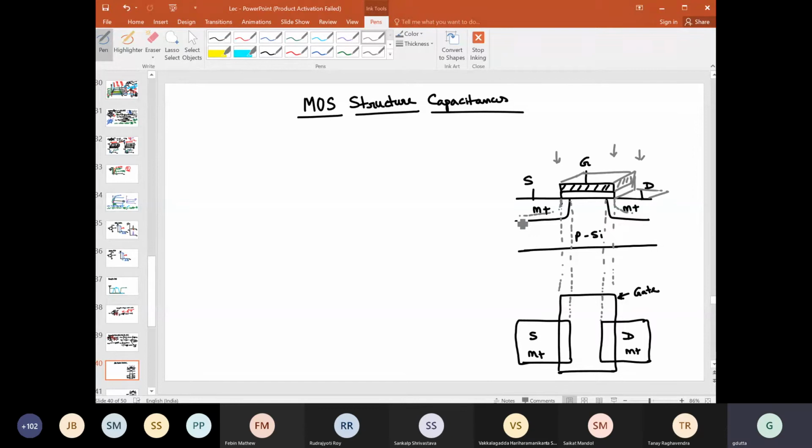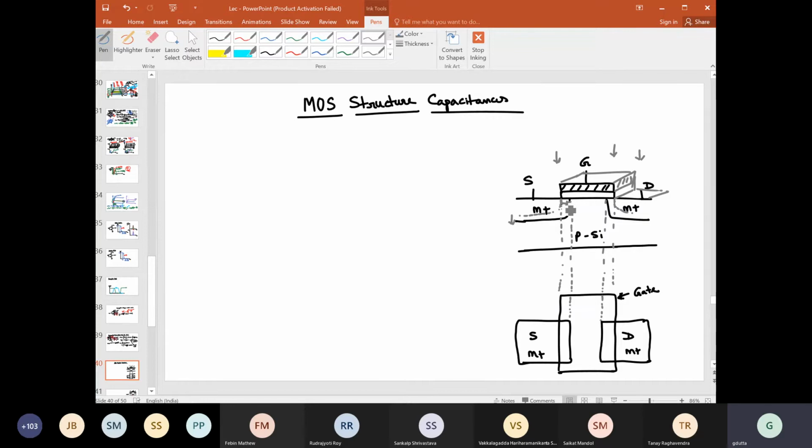When you heat, there will be more and more diffusion. Not the diffusion current, but the diffusion of the dopants. So the donor atoms will try to diffuse out, and when the diffusion occurs in this side, some diffusion will also occur in this side.